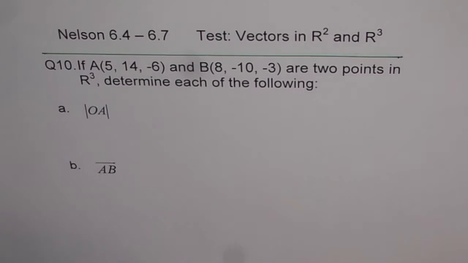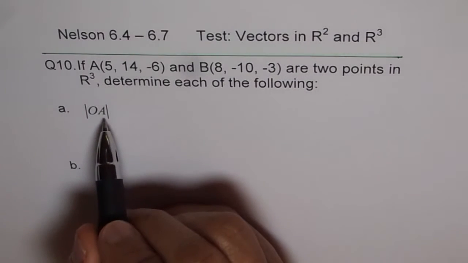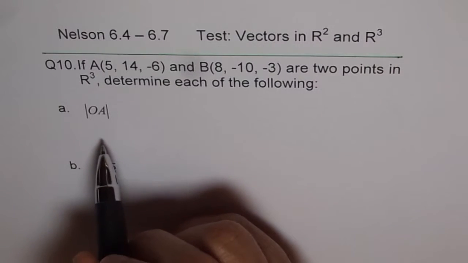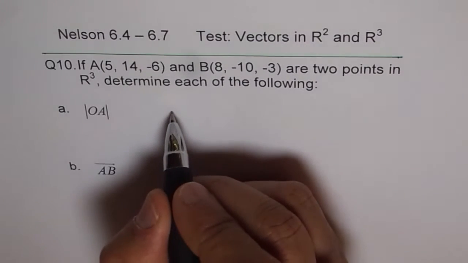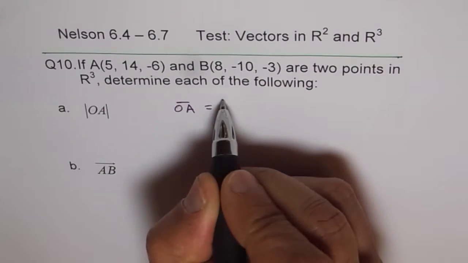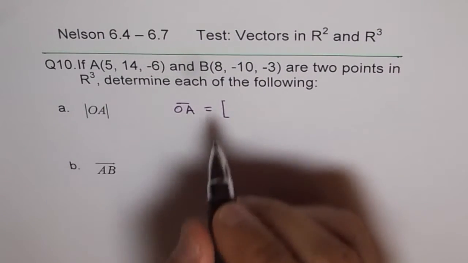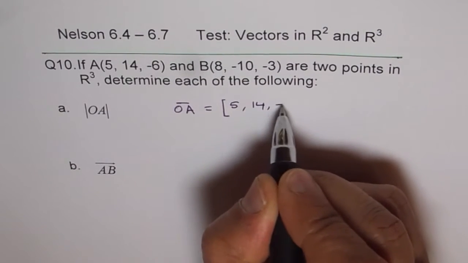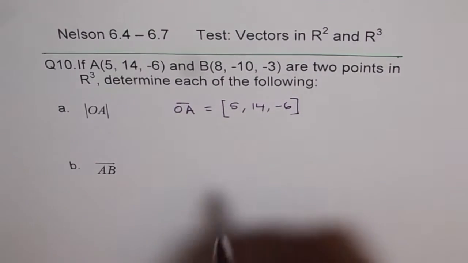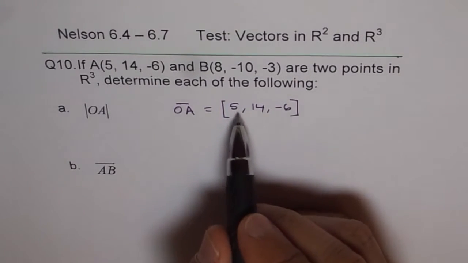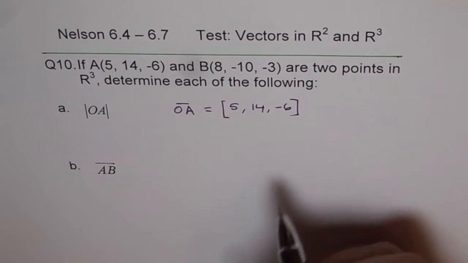Magnitude of OA. So when we say magnitude of OA, then the tail is at the origin, O, right? And therefore, the vector OA will be from O to point A. So I could write this as (5, 14, -6). So that becomes the vector OA, and the magnitude is the square root of A squared plus B squared plus C squared.